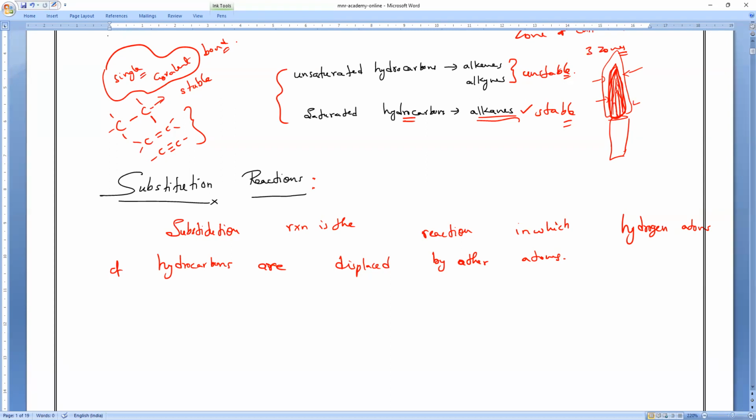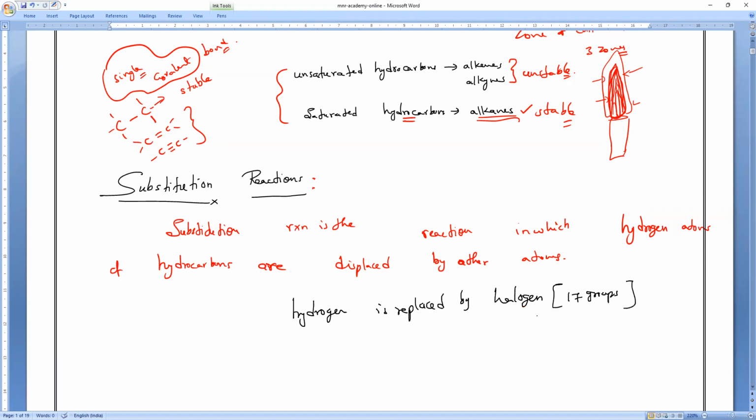So remember, in the majority of these reactions, hydrogen atoms are replaced by halogens. What are the halogen atoms? Group 17 elements.